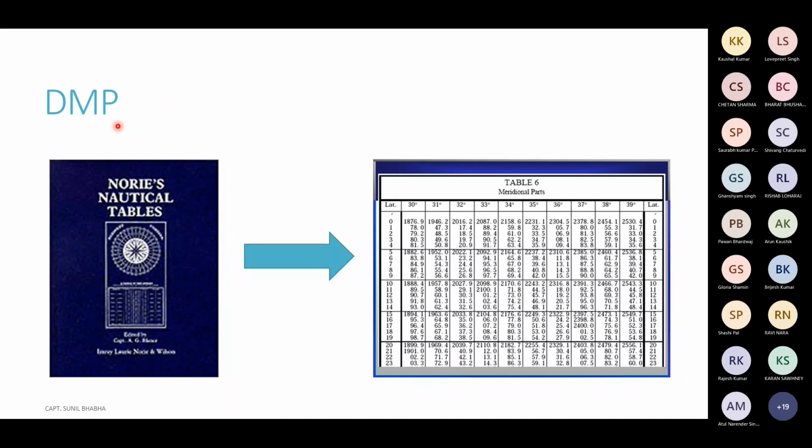So all these three give us the required courses and distances. We can calculate the course and distance between two positions. And if we know our starting position and we know the course and distance being steamed, we can easily obtain the position arrived. These are the two types of basic problems which can be solved with all these forms of sailings.